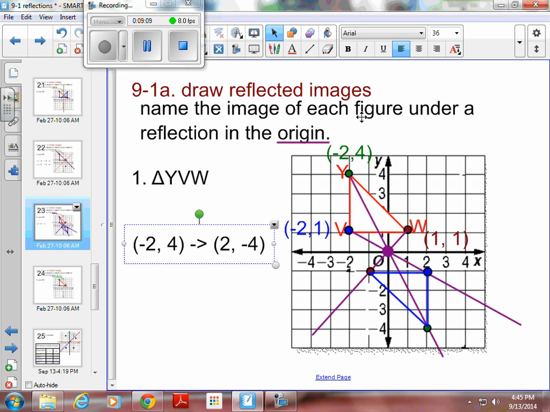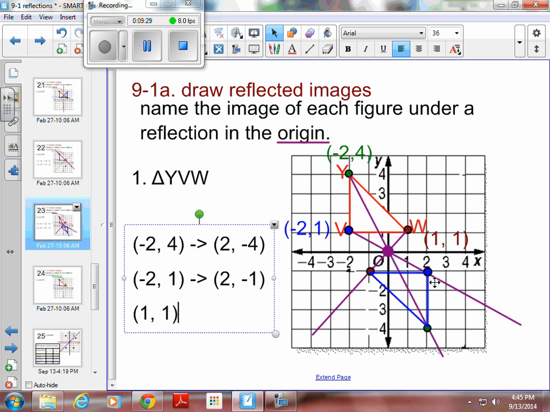And the point -2, 1, this blue one, became 2, -1. And my last point, 1, 1, became -1, -1.